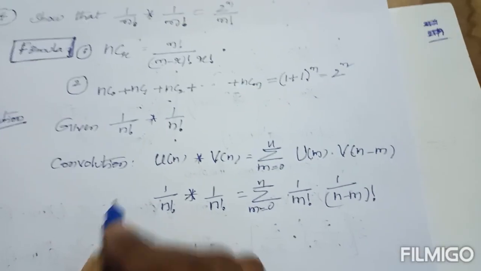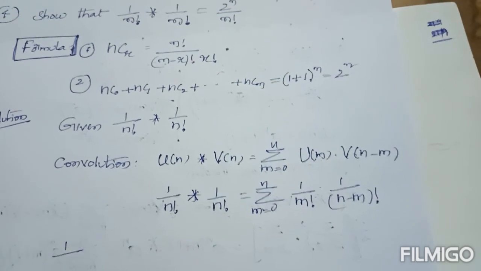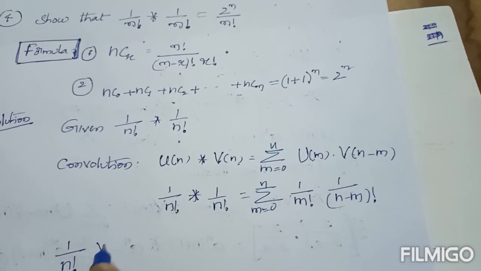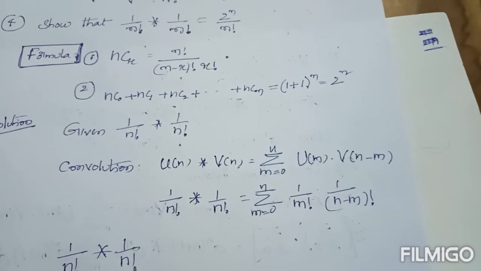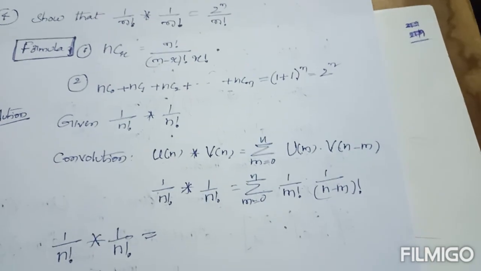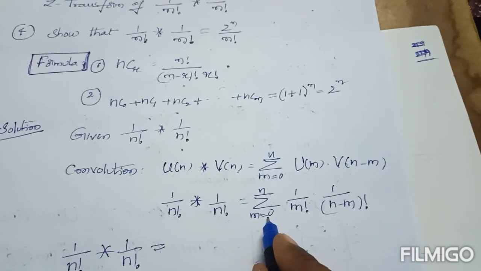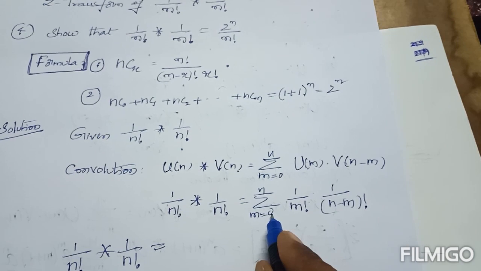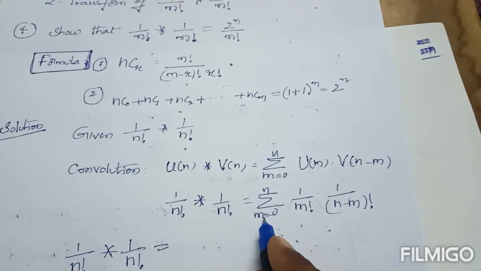After that, 1 by n factorial star 1 by n factorial equals the summation expanded by writing the m values.